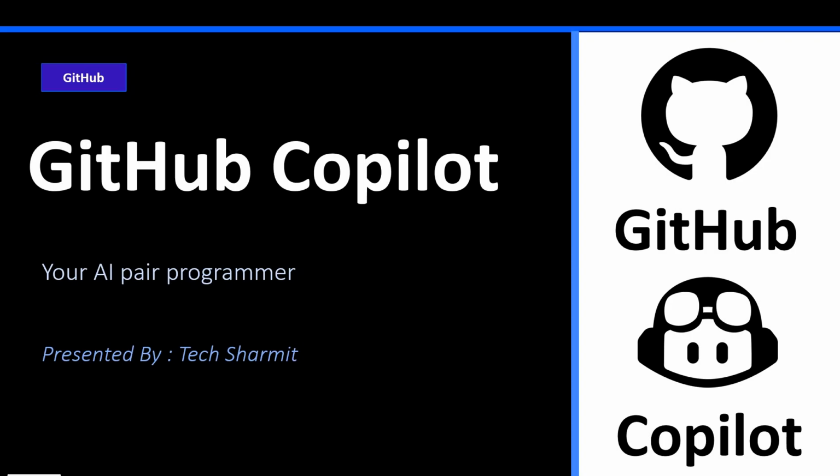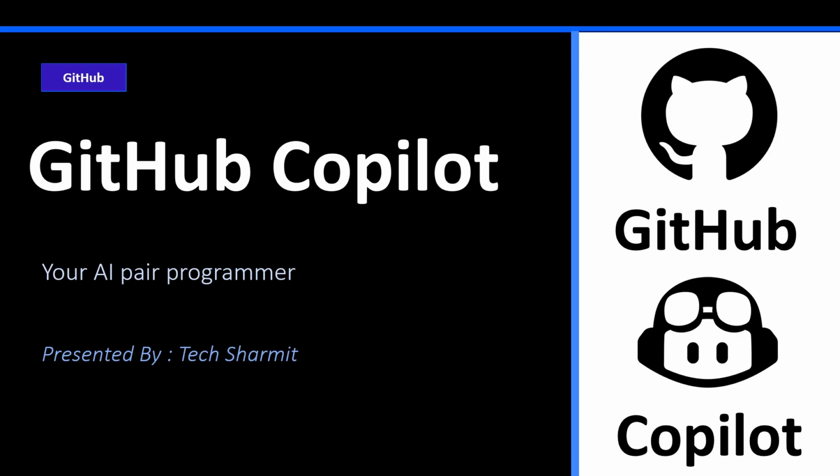Okay, all right, so let's get started. As I mentioned, in today's session, we will mainly talk about what exactly GitHub Copilot is and why we use it. Okay, so if you can see this tagline, it is enough to explain what exactly GitHub Copilot is. It's your AI pair programmer.